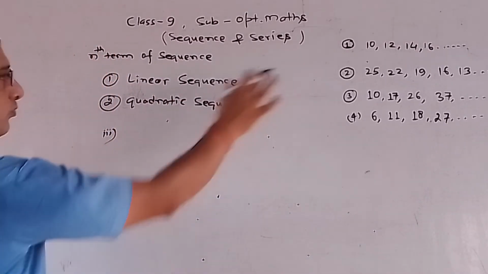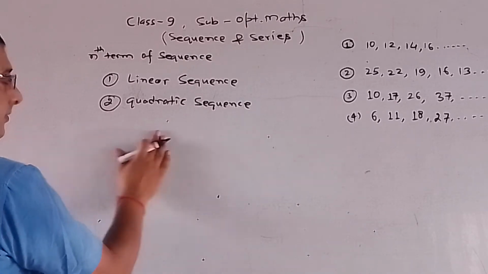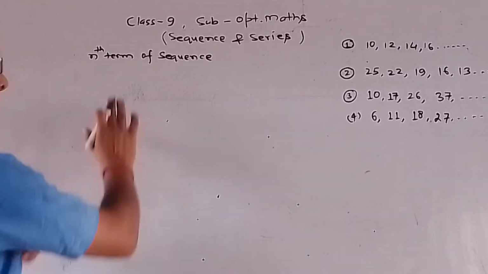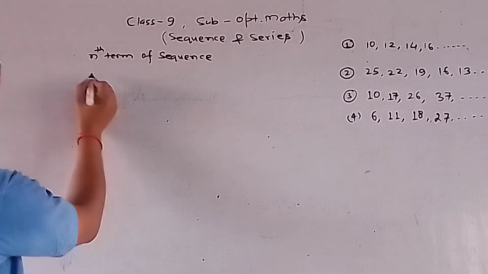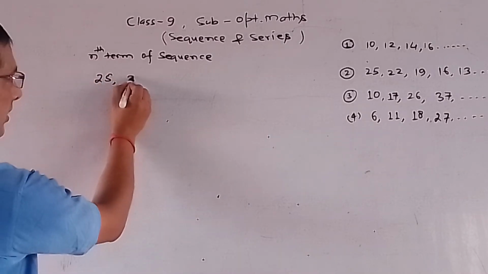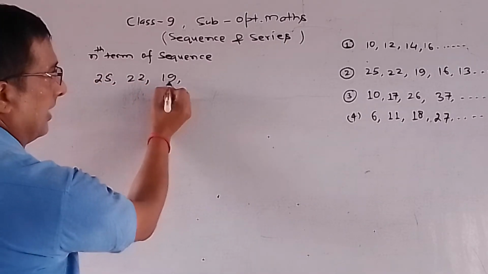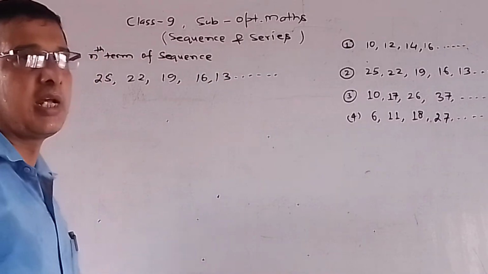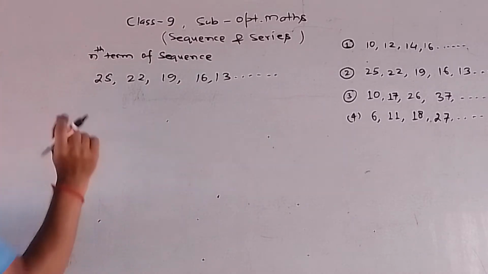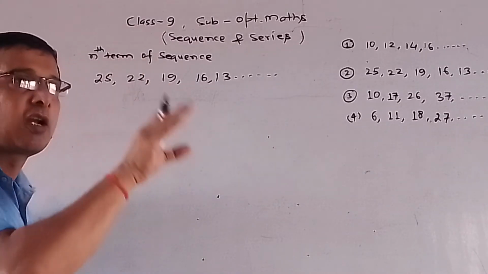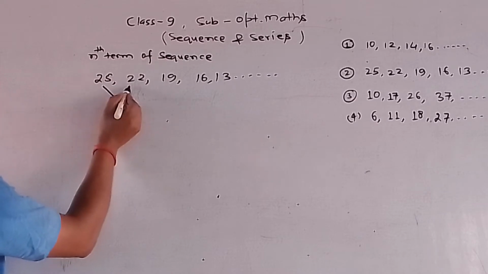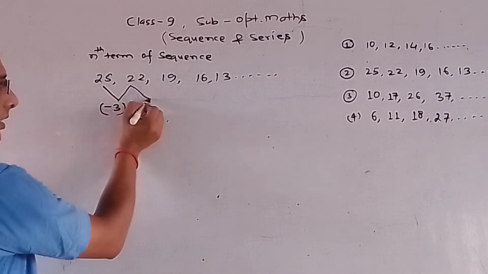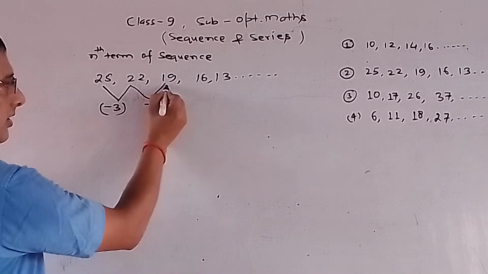So first, the second one: nth term of the sequence 25, 22, 19, 16, 13. I will write the formula here. Same process, first identify whether it is linear or quadratic. 22 minus 25 is minus 3. 19 minus 22 is minus 3. 16 minus 19 is minus 3.